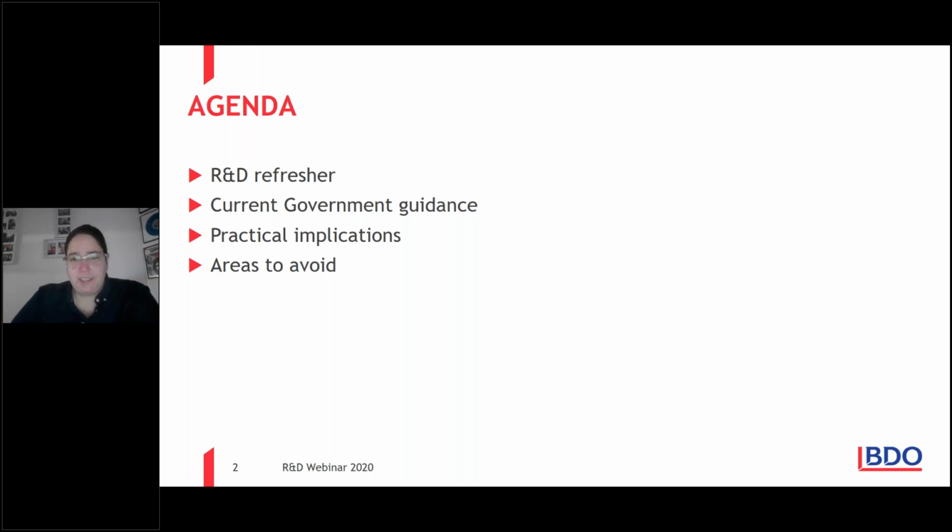So then what are the practical implications of that? What does that mean for how I write my description, what's in, what's out, and then some areas perhaps to avoid at the end.